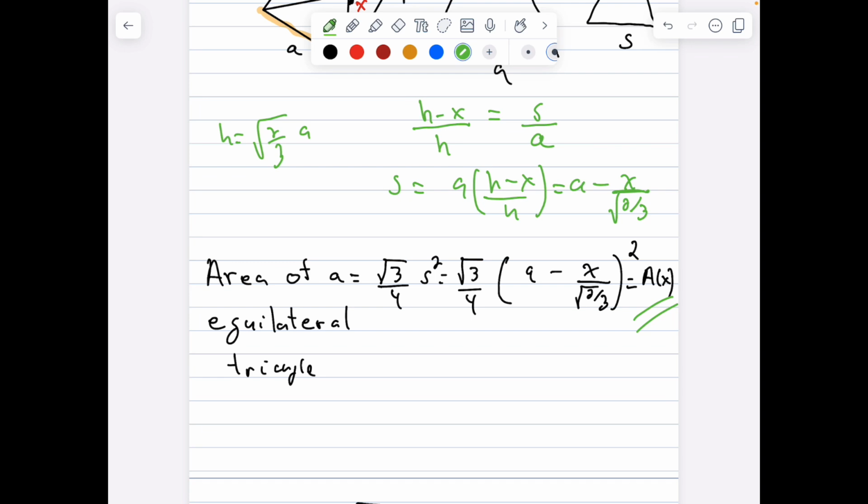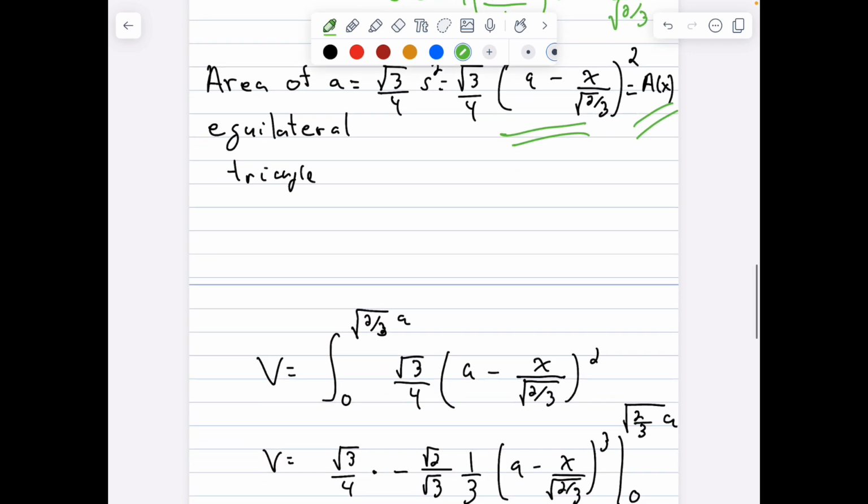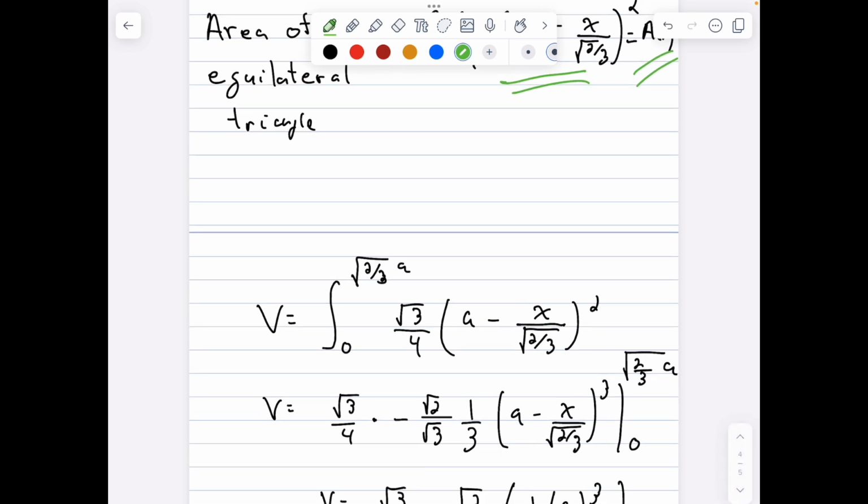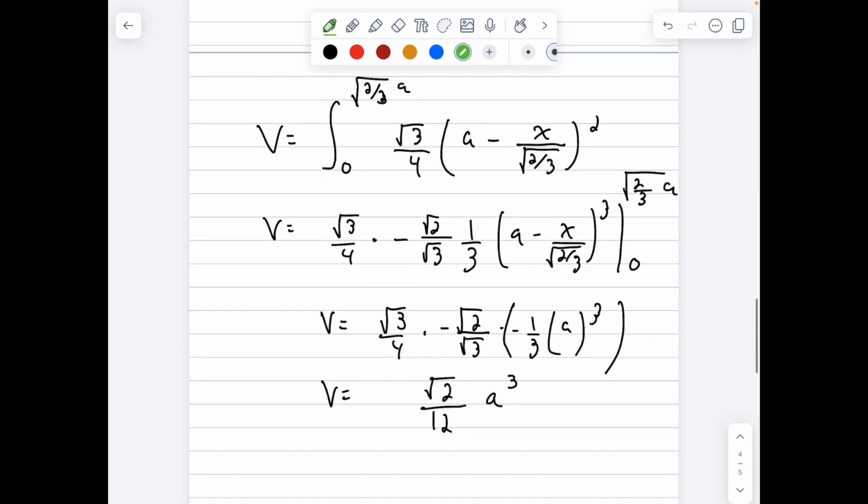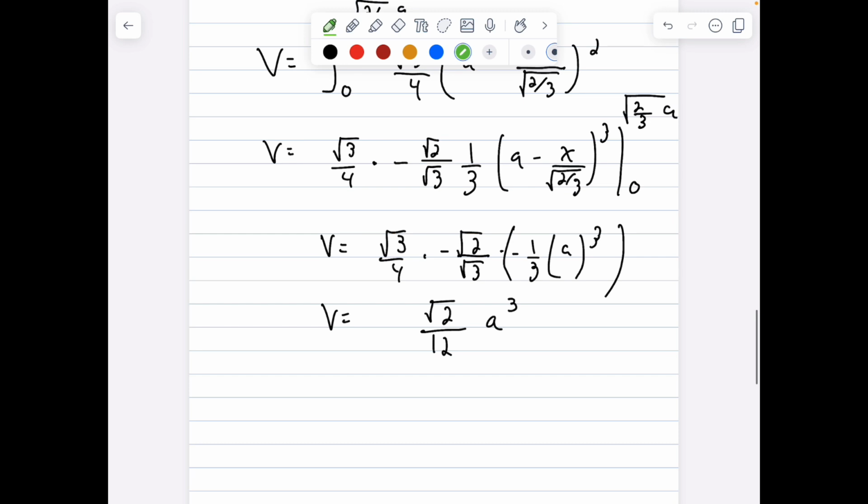So this would be root 3 over 4 times that length of that side, all squared. And all you'll do is integrate that from 0, from the very bottom, all the way up to root 2/3 a, okay? The integration, I'm not going to get into that. It's a u substitution. And at the end of the day, you get what you see right there.